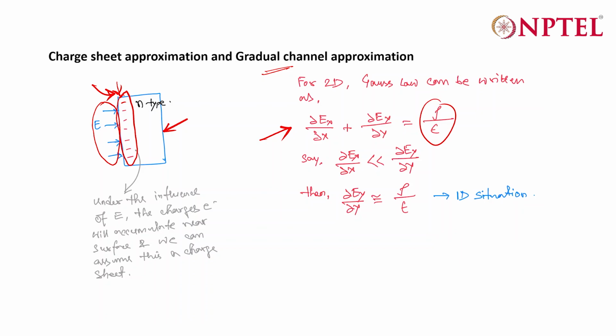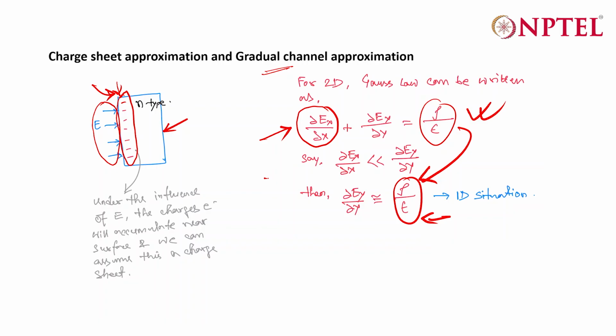However, if in any case you find the X component associated with the Gauss law is much less than the Y component, then this particular equation can be approximated as del Ey by del Y is approximately equal to rho by epsilon. So your two-dimensional situation can be reduced to a one-dimensional situation.